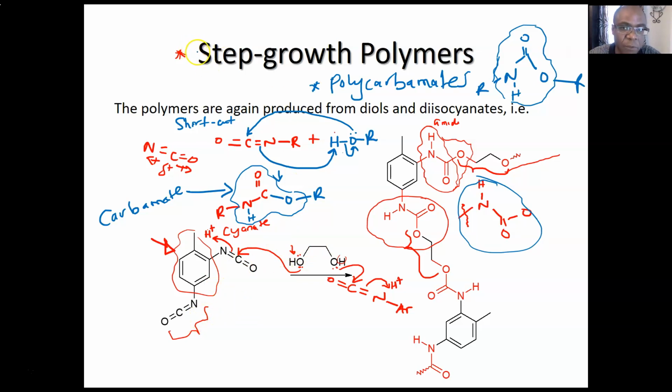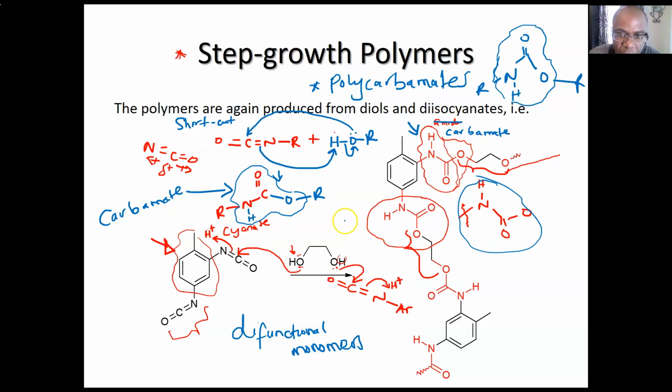Remember, we said step growth polymers are made from difunctional monomers. So you can make your carbamate right there, which contains an amide in it, but because of the oxygen is called a carbamate.